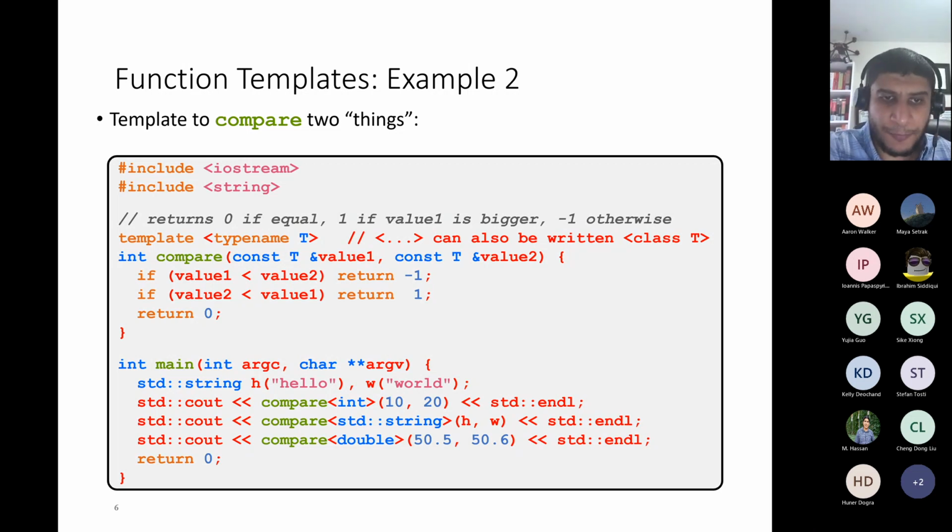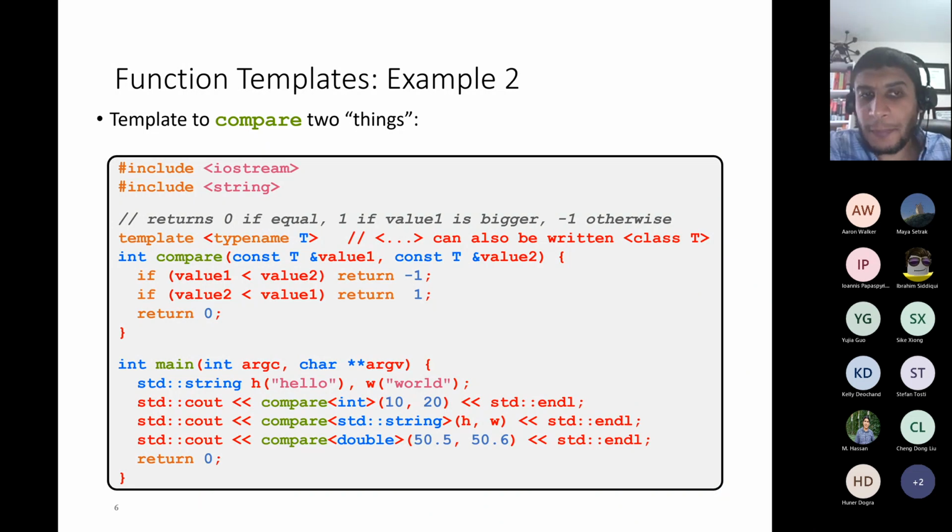Let's see another example where in fact you can specialize your function call with the correct type. So assume I want to have another template function called compare that simply takes two generic things. I don't have specific types, and then compares them, returning a certain value based on which one is larger, right?